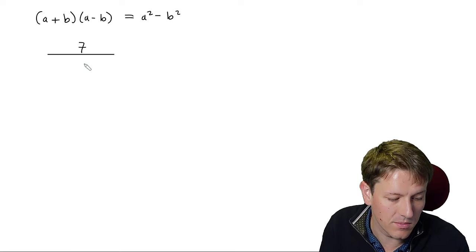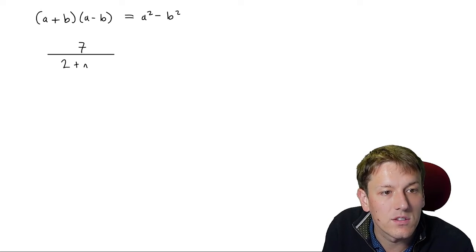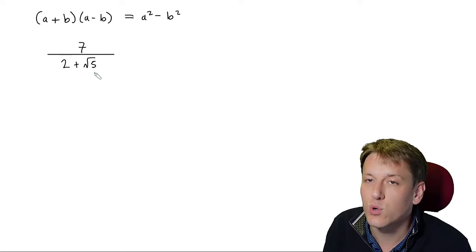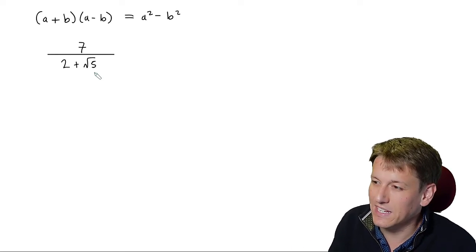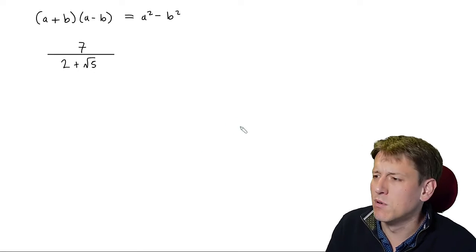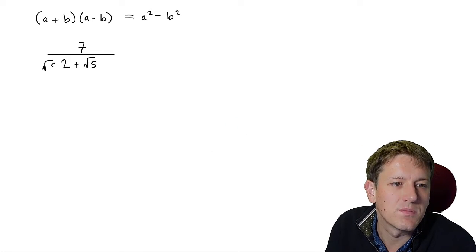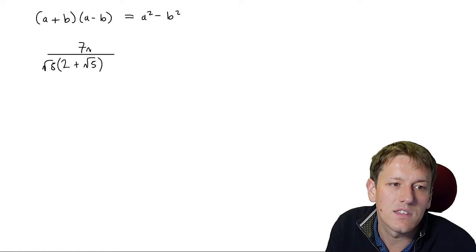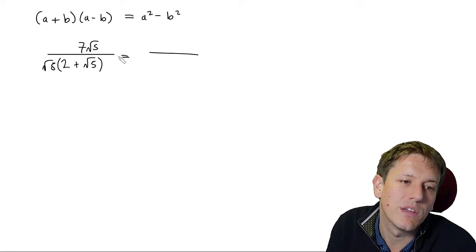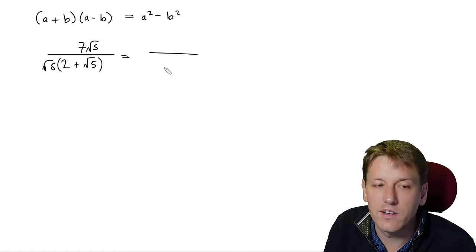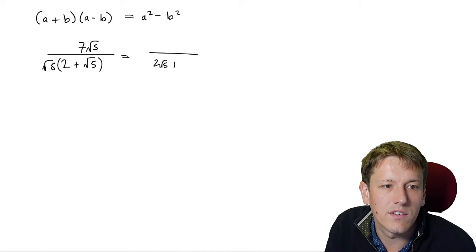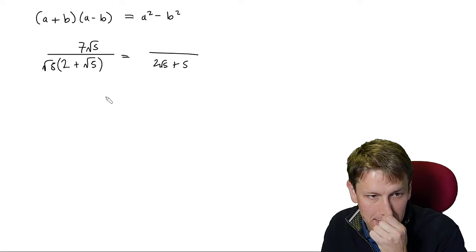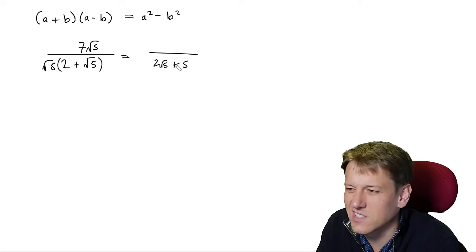So if I wanted to do something like 7 divided by 2 plus root 5, and I want to try and rewrite this without there being any surds in the denominator, the problem with applying the previous method, where I just multiply top and bottom by the surd, root 5 here, right, is that I don't end up with a nice denominator, right? I get 2 root 5 plus 5, so it still has the surd in the denominator.